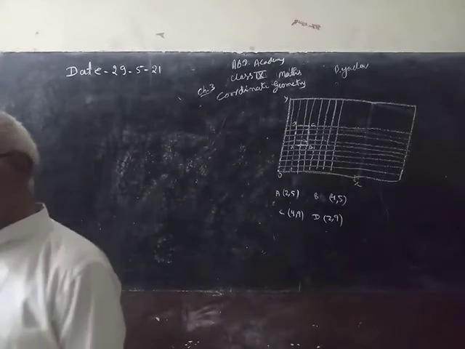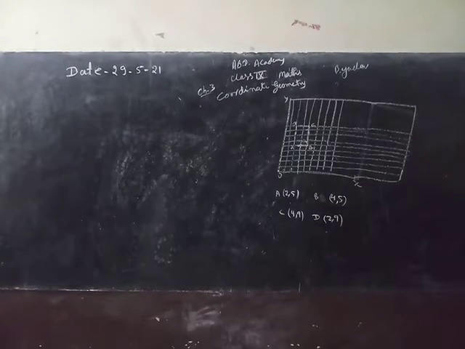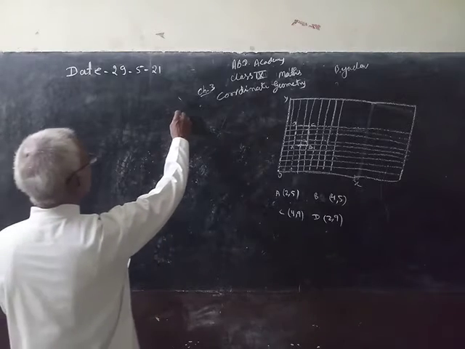This way you can locate the position of the 4 corners of your blackboard. This system by which we are locating the position of your table in your classroom is known as Cartesian coordinates.